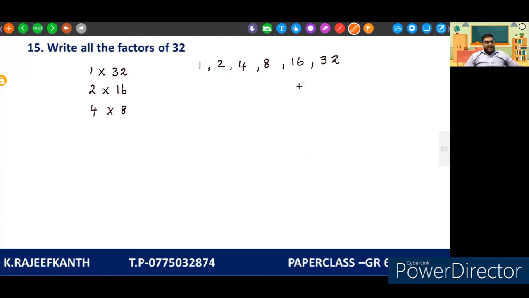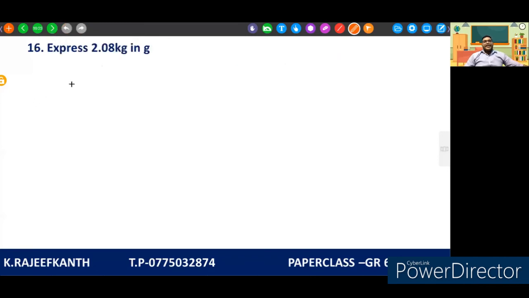Okay, right. Then question number 16. Express 2.08 kilogram in gram. So now you have to express this 2.08 kilogram in gram. So we know that 1 kilogram is equal to 1000 gram, right?